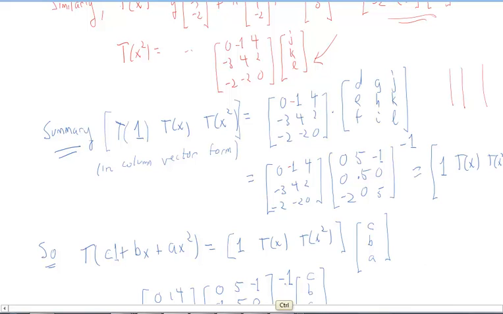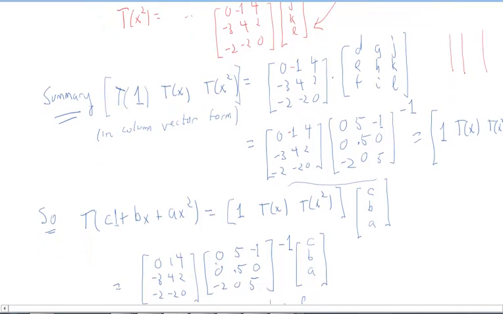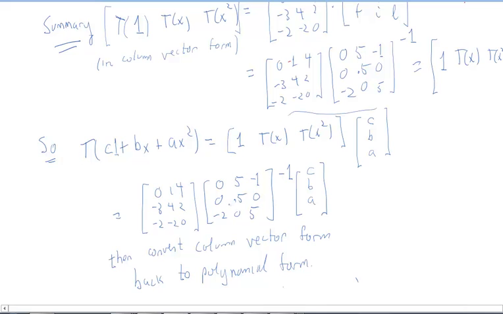And here I'm just taking a linear combination, so I get the matrix times c, b, a. I just plug in my expression for this matrix, and this is my final result. I'll get a final result in vector form. I need to convert back to polynomial form. So see if you can fill in the details, and that's the end of my video.